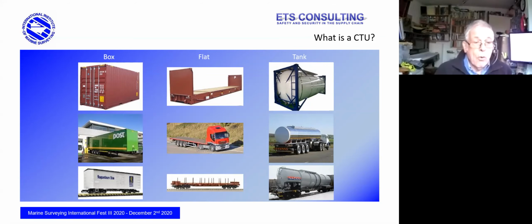So they are all under the definition of a cargo transport unit. So we're talking about all types of things, but primarily people look at the container itself and think that is what cargo transport unit means. It actually means all types.